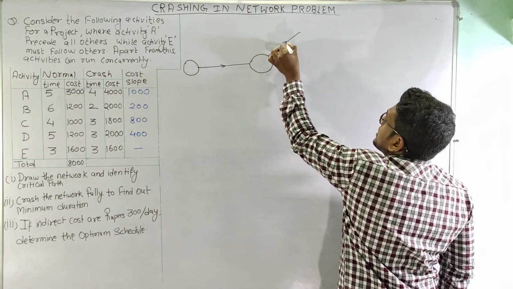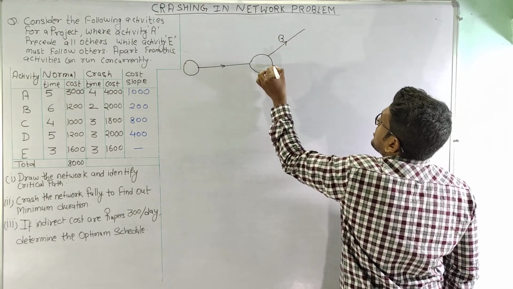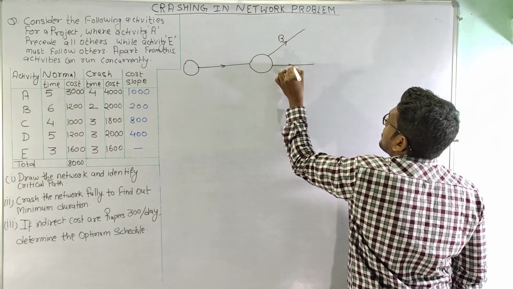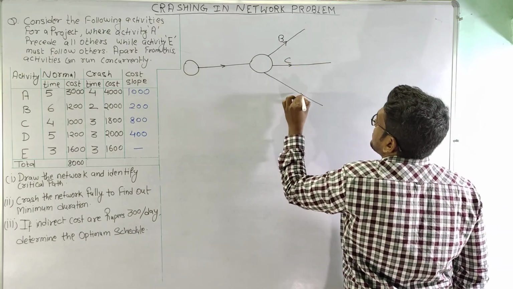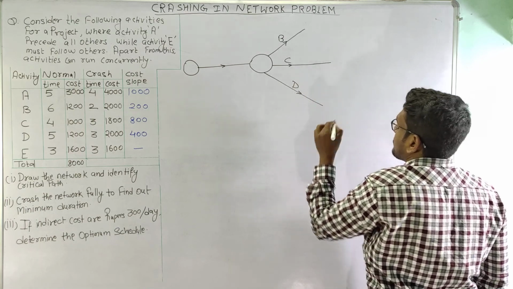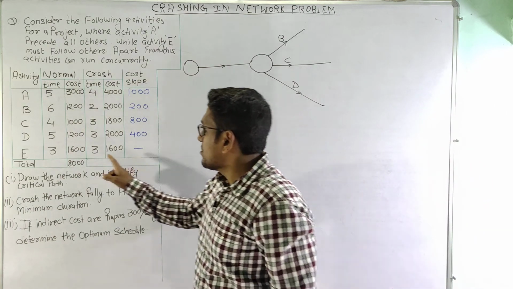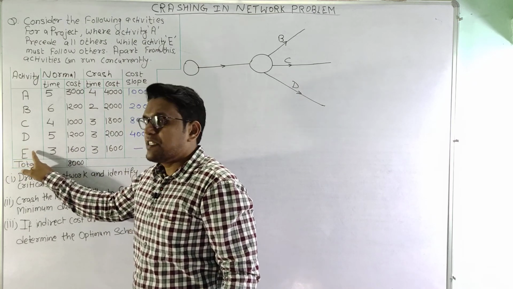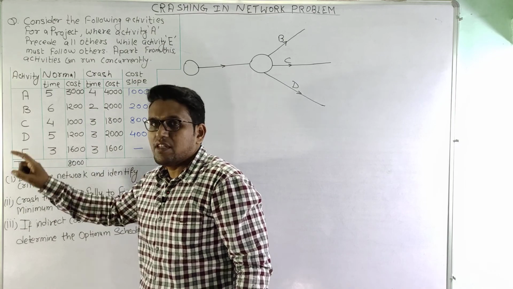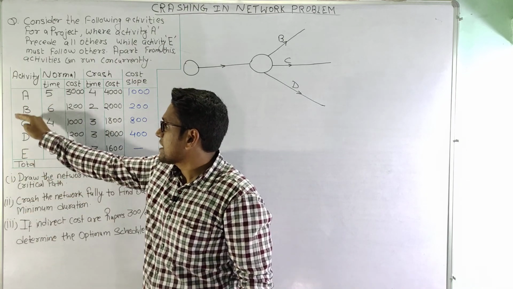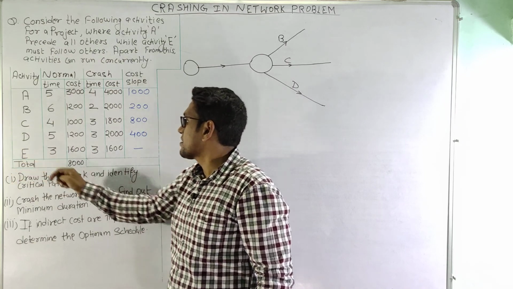So let this be activity B, let this be activity C, and let this be activity D. So now we need to draw the final activity, and this activity succeeds all other activities. That means if all the preceding activities are completed, then only activity E can be started.